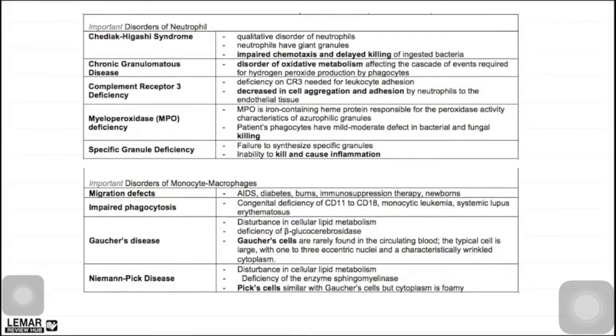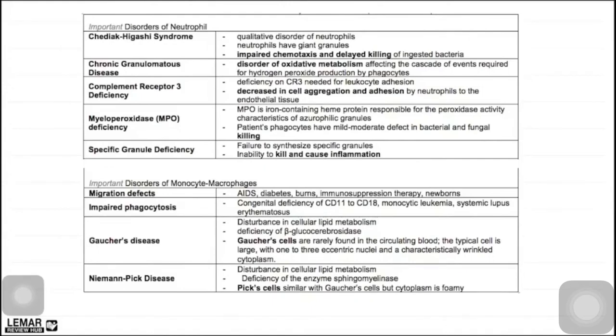There is an abnormal accumulation of cerebroside, due to the deficiency of the enzyme beta-glucocerebrosidase. So, we have the Gaucher cells.